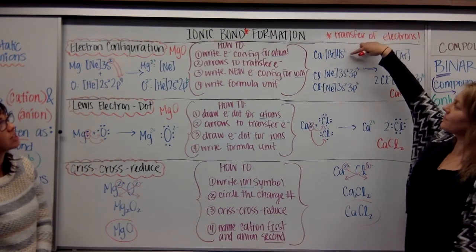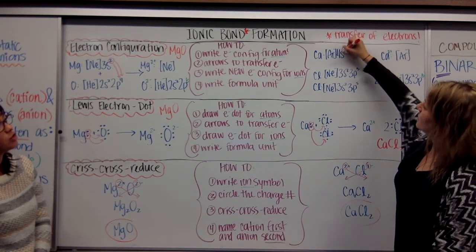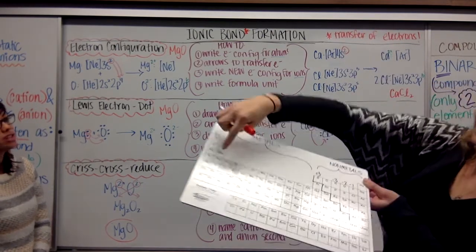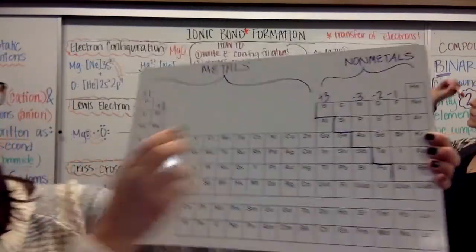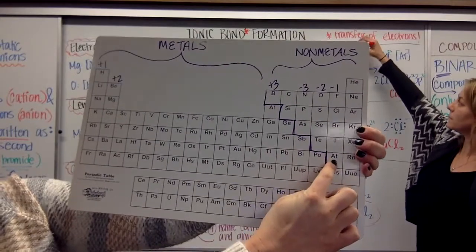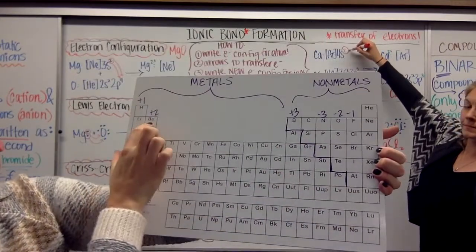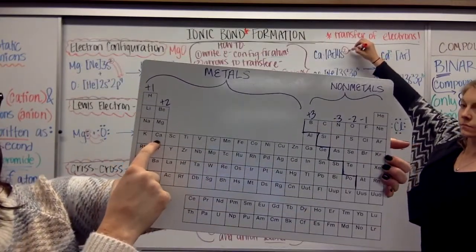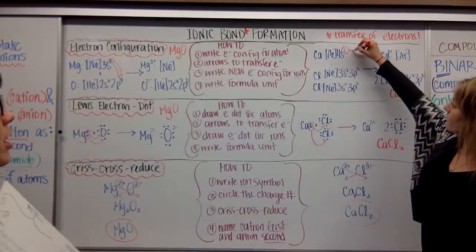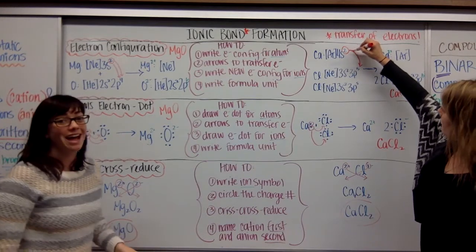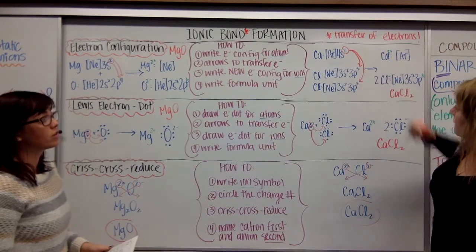So you can see calcium, again, is going to have 2 valence electrons, but you can see that chlorine actually only needs 1 valence electron based on where it is on the periodic table. So if I have 2 electrons I need to give up, but I only have chlorine that is willing to take it, I'm going to end up needing 2 chloride ions to take both of those electrons.